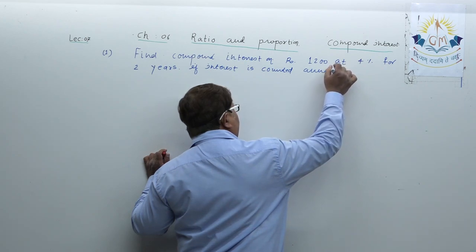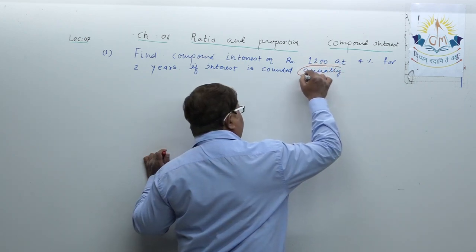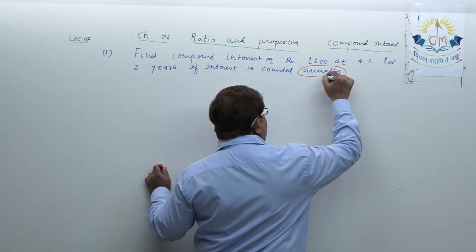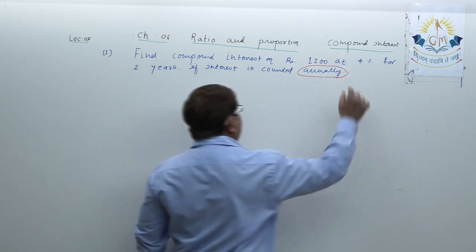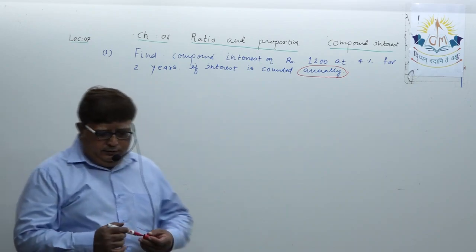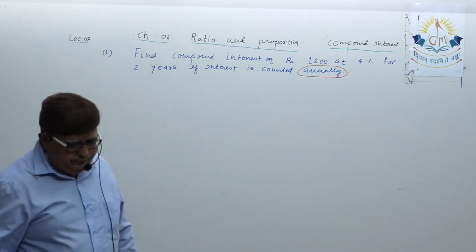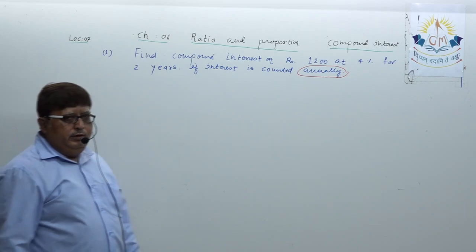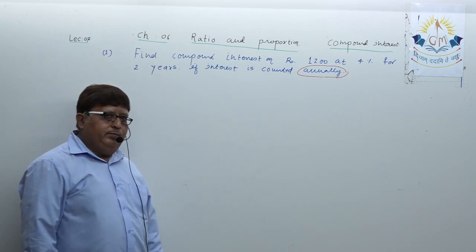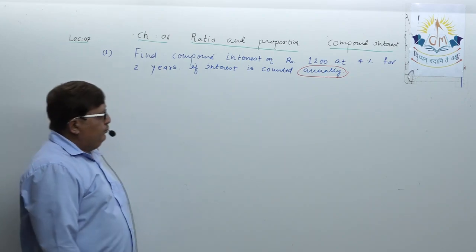Underline in your book and highlight this. This word is very important. If interest is counted annually, okay, this is a very important word for you.